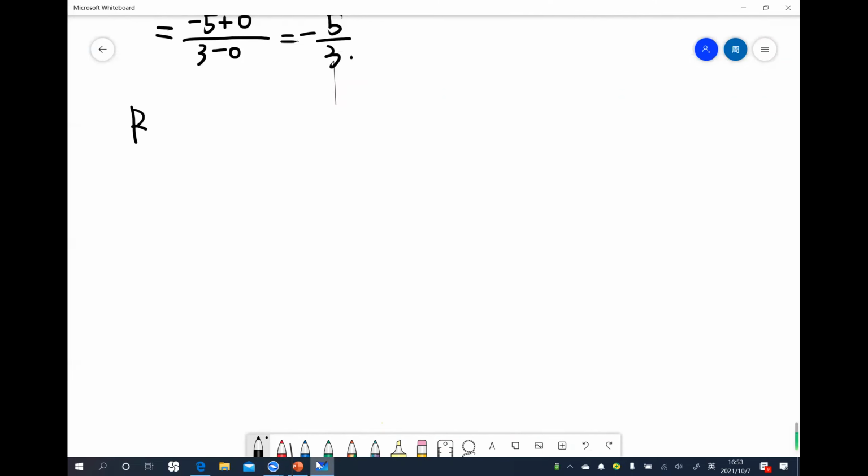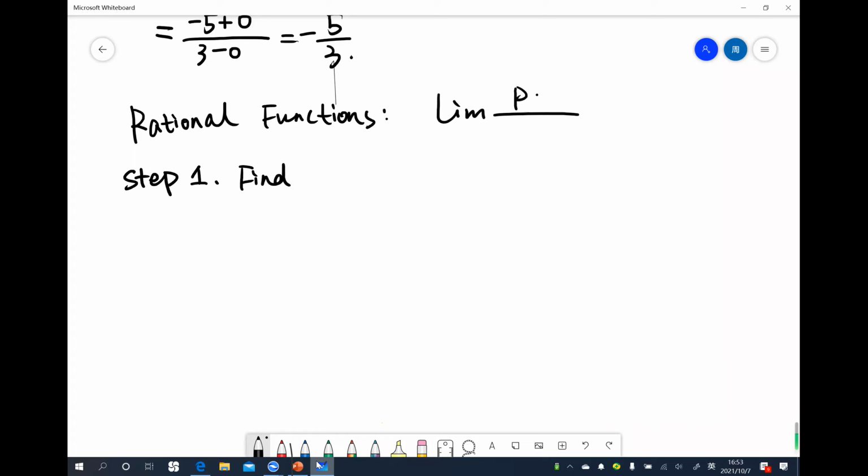So this we call a rational function. And for rational functions, the way to calculate the limit, step one is to find the highest power, both in the denominator and the numerator.